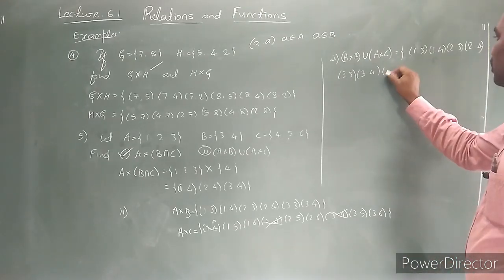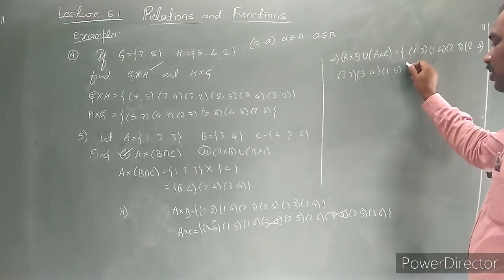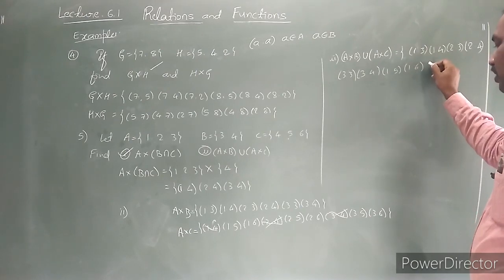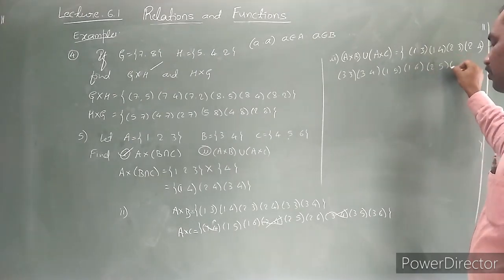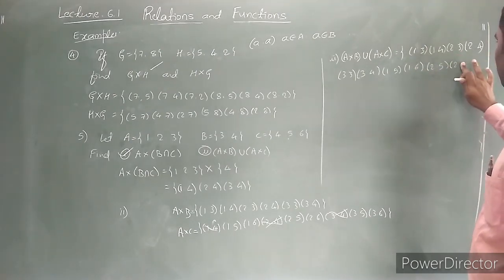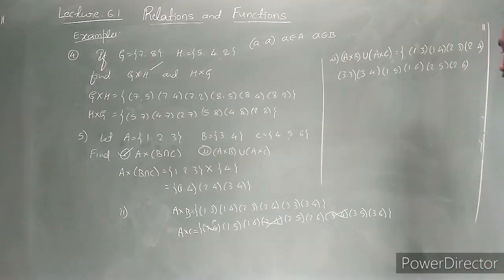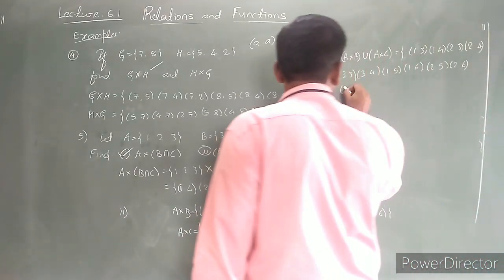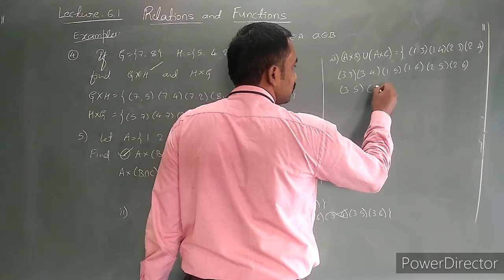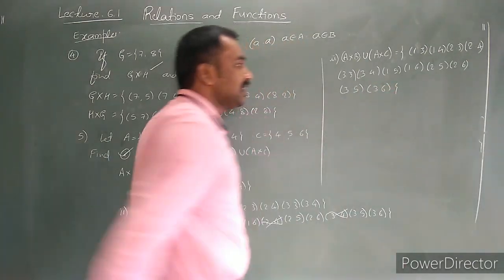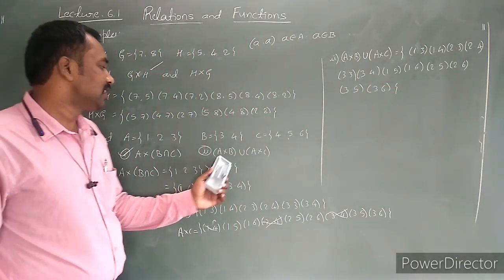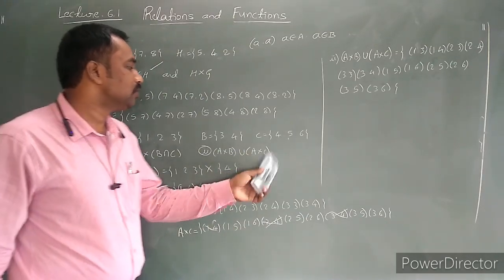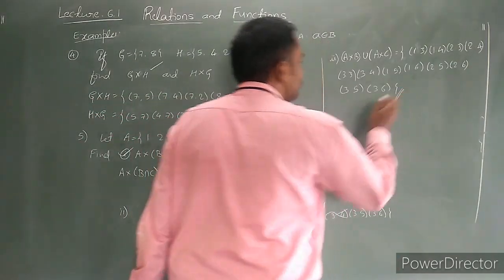Write the (1,5). Next (1,6). Next (2,5), (2,6). And (3,5), (3,6). This is our required second thing, A cross B union A cross C.